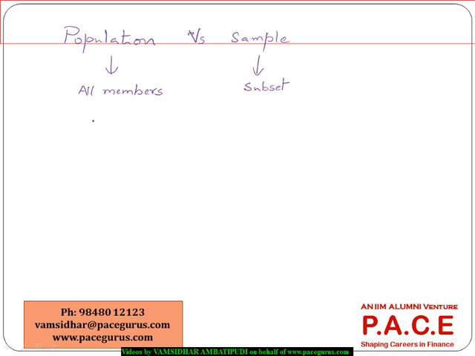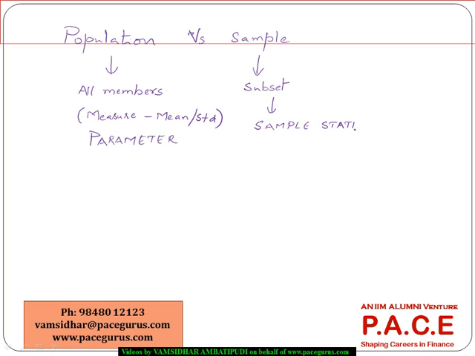And any measure of this population, like the mean or the standard deviation, any kind of calculation that I am doing on this population, I call it a parameter. Whereas any calculation I am doing on the subset, which is the sample, we call a sample statistic.